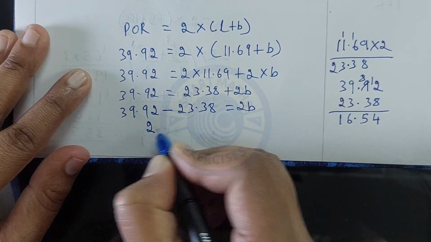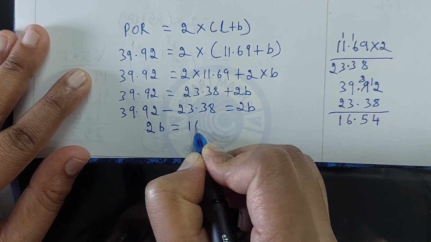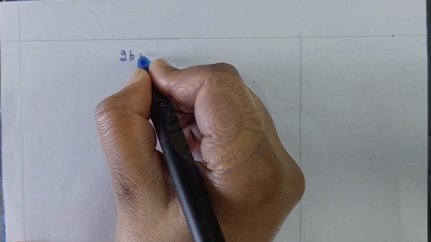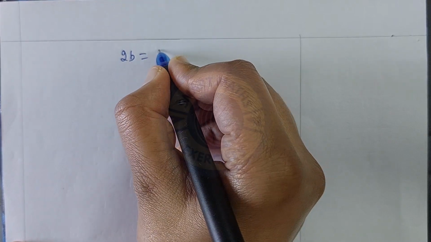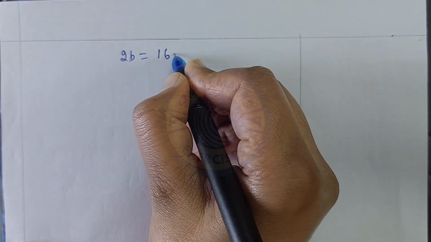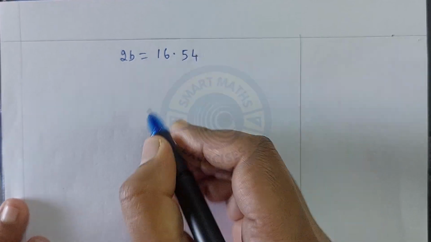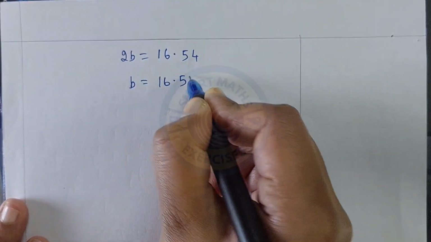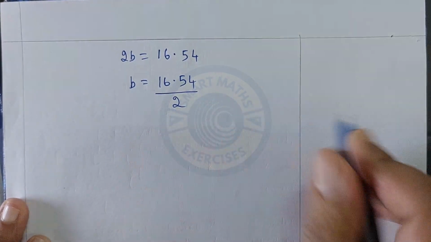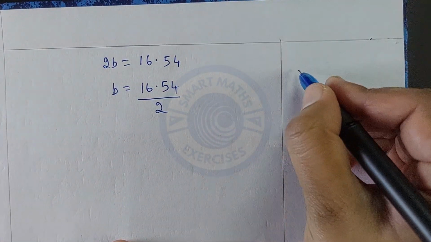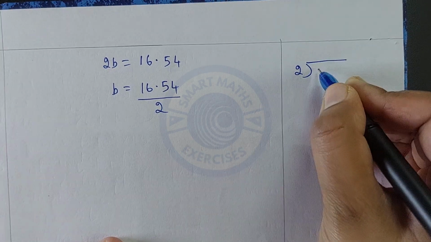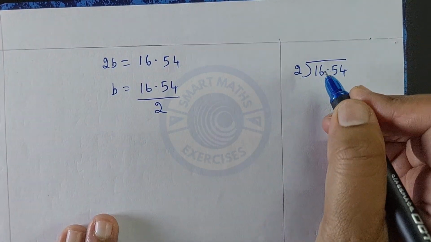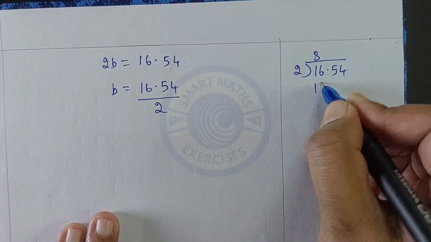So 2b equals to 16.54. Now 2 comes down, 16.54 divided by 2. 2 8s are 16.